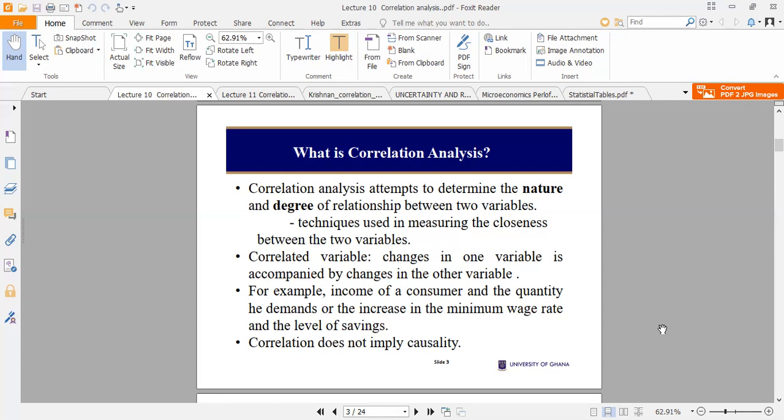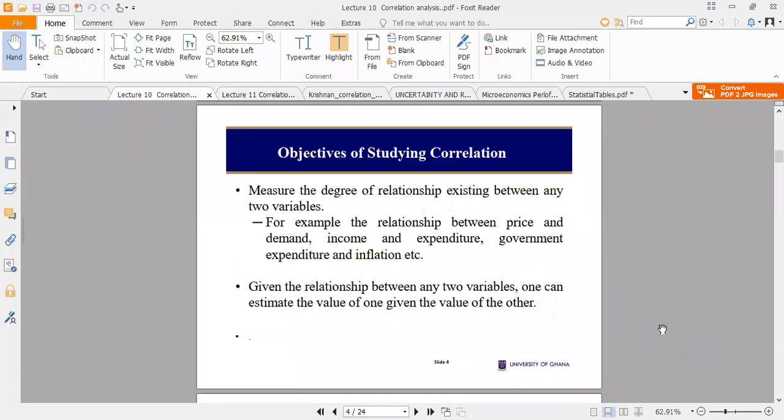It's not a matter of one causing or having a significant effect on the other. So for example, we can talk about the correlation analysis of income and savings. When there are changes in your income, how does savings respond? That is basically correlation analysis.